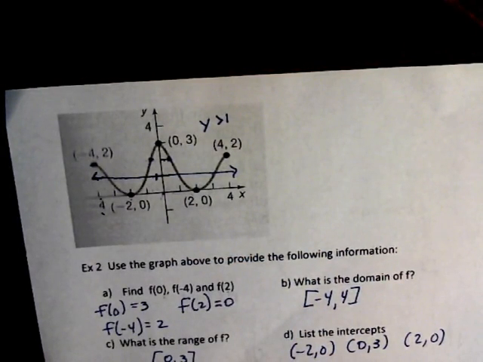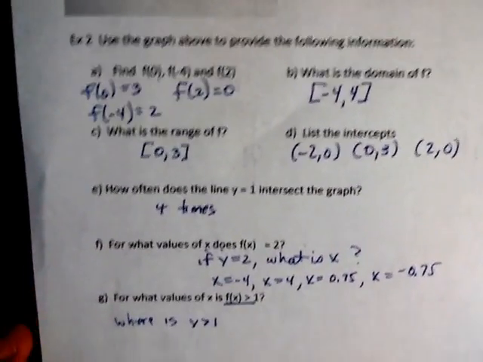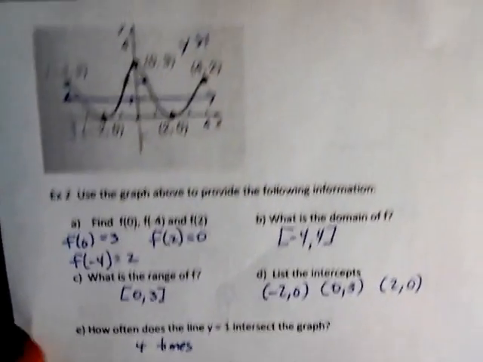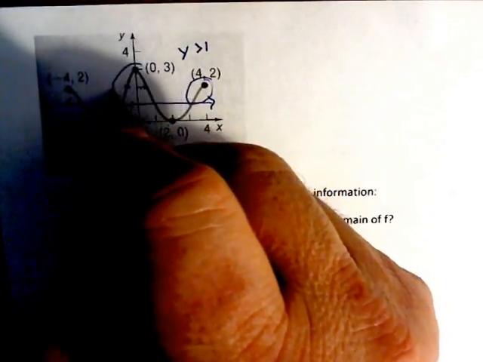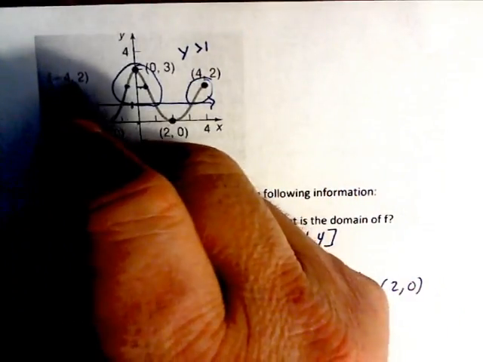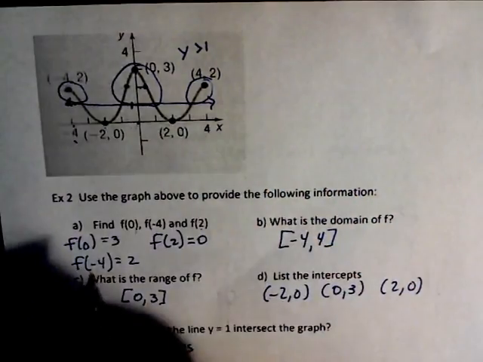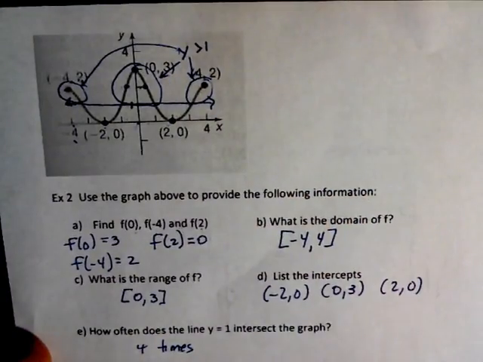Now, the problem is, how do we give that answer? So what I'm going to do is I'm going to give intervals. So y is greater than 1 in these 3 locations. Okay, y is greater than 1 here, here, and here.